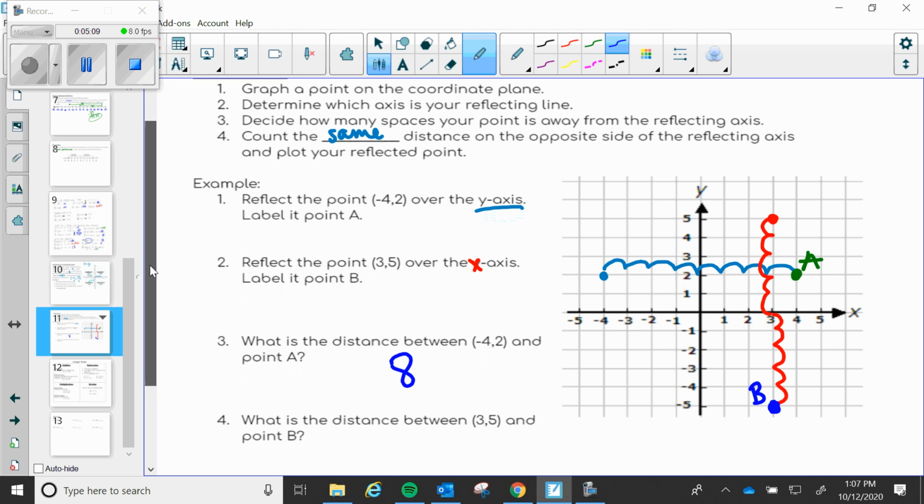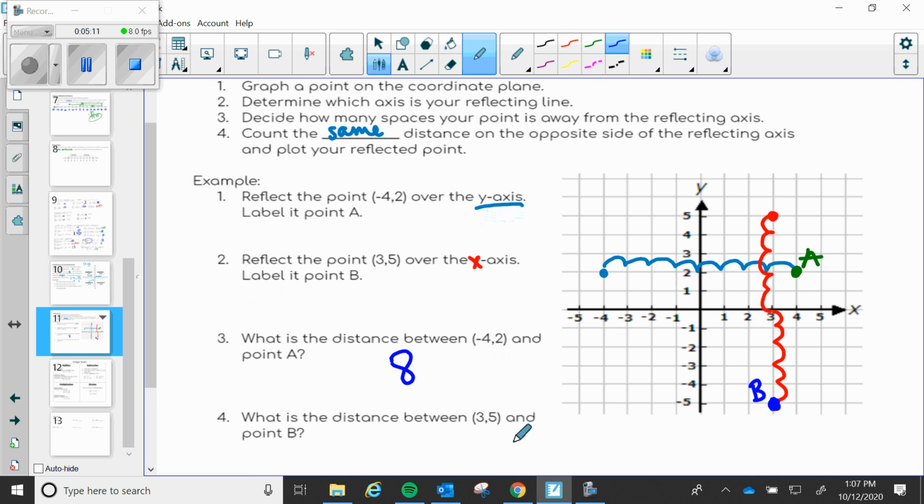The number 4 is asking the same question. What is the distance between 3, 5 and point B? So that new point that we did, 3, 5 to point B. Same thing. We're counting how many spaces it takes to get from here to here. So I've already kind of done the bunny hop, so let's just trace over it and count. 1, 2, 3, 4, 5, 6, 7, 8, 9, 10.